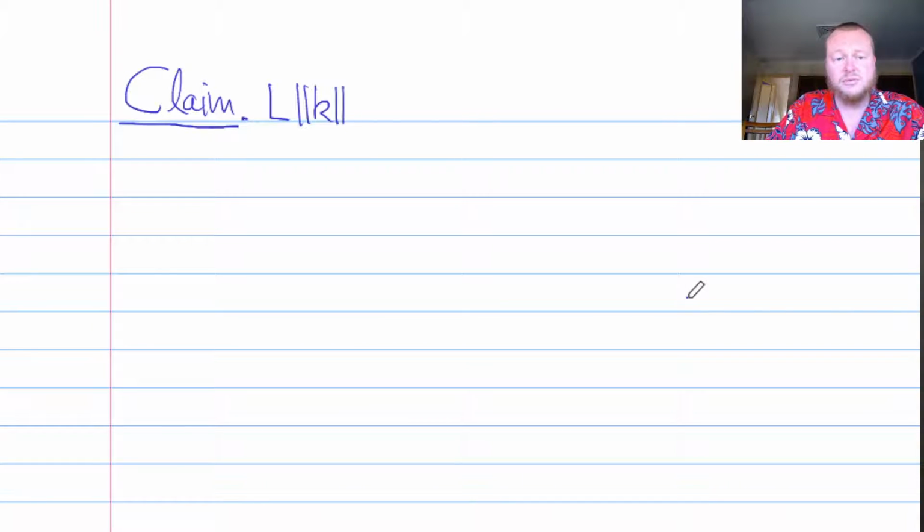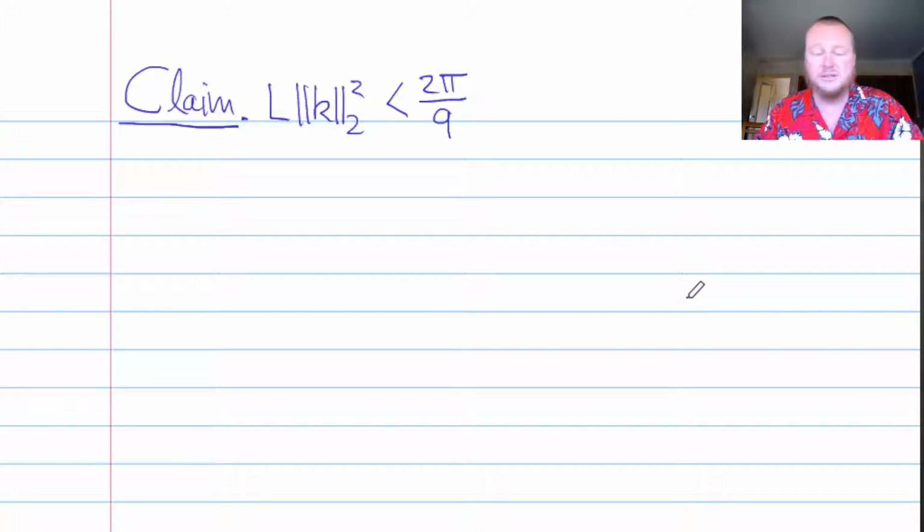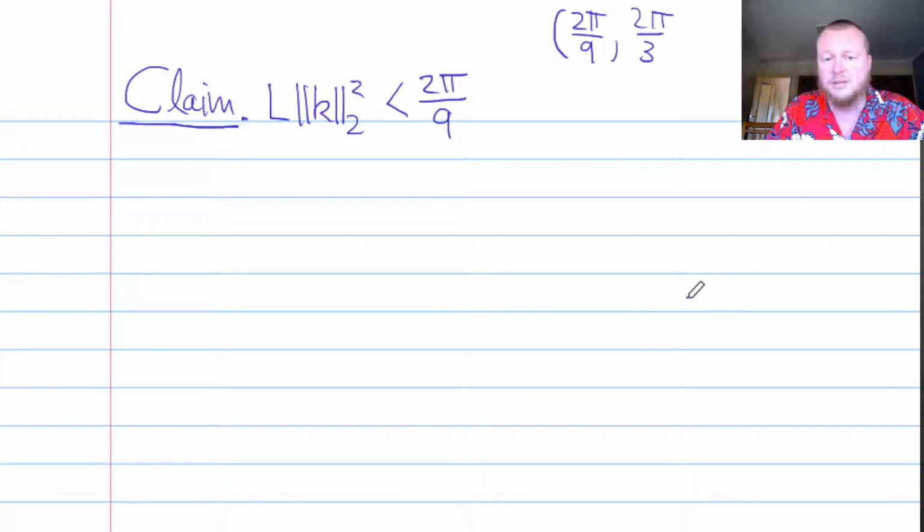Okay, so we take our quantity and we started off saying it was less than 2 pi over 3, actually. So why is it 2 pi over 9 now? Well, it turns out that we can get global existence with the quantity below 2 pi over 3, but this proof is not going to work unless it's smaller than 2 pi over 9. You're going to see why in a minute. It would be really interesting to work out what happens in this intermediate interval.